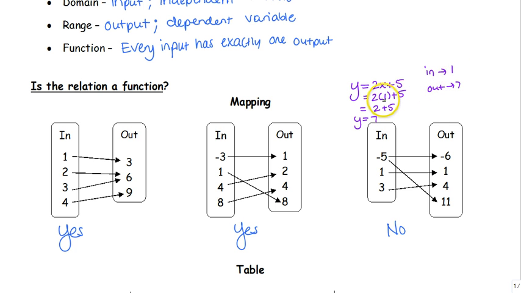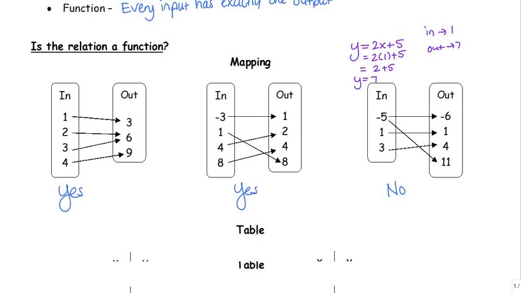If I put a 1 in and I get multiple answers, sometimes I get 7, sometimes I get 6, sometimes I get 20, it's not functioning properly. Every input has exactly one corresponding answer. If that input has more than one answer, it's not functioning properly. So that's how we determine if a relationship is a function from a mapping.